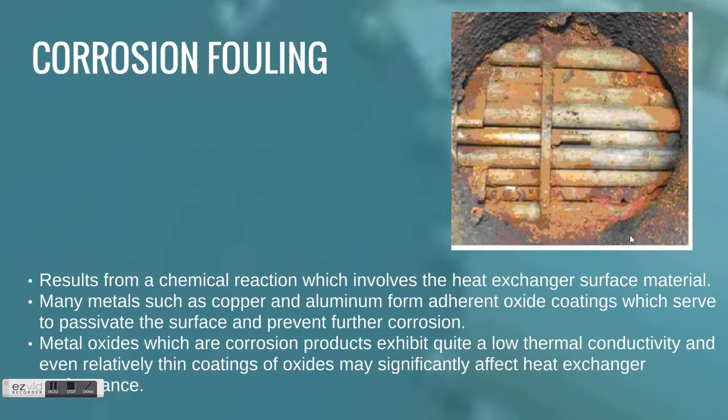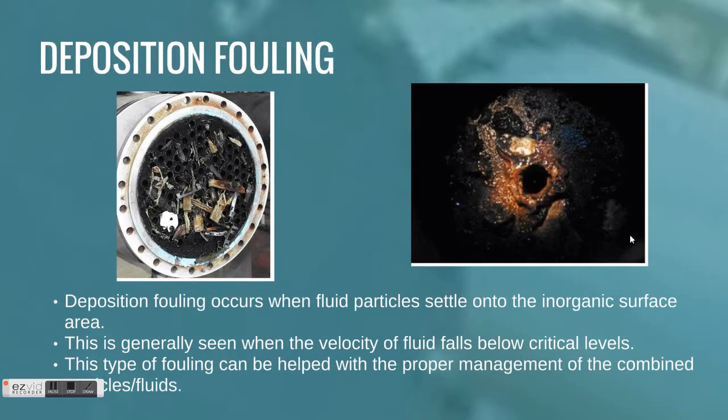Corrosion fouling. It occurs when a layer of corrosion materials builds up on the inorganic surface area or tubing. This creates a high thermal resistant layer of corrosion. By carefully choosing the construction materials, the effects can be minimized. For example, corrosion-resistant materials, including nickel-based alloys and stainless steel, are now available to manufacturers of heat exchange units.